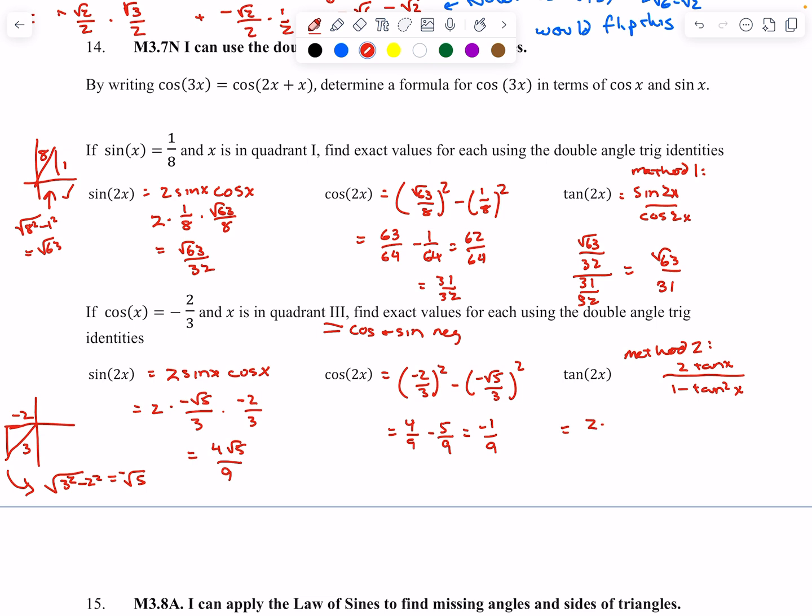What is tan? It's going to be negative root 5 over negative 2.